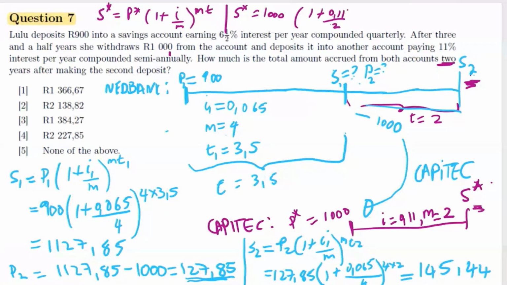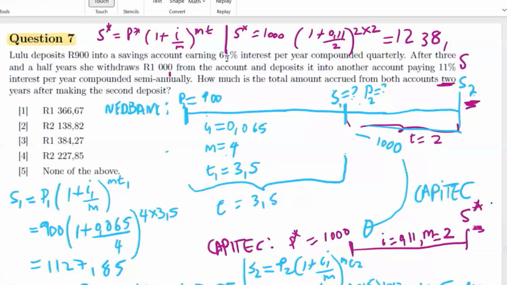Your M is 2, and it is multiplied by 2 because it's for 2 years. So now your S star is going to be 1,238.83.